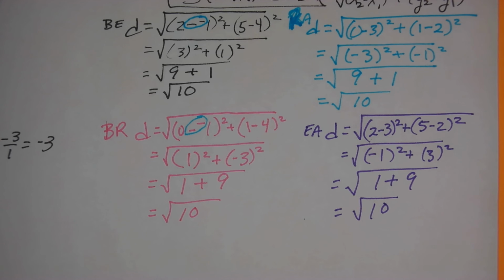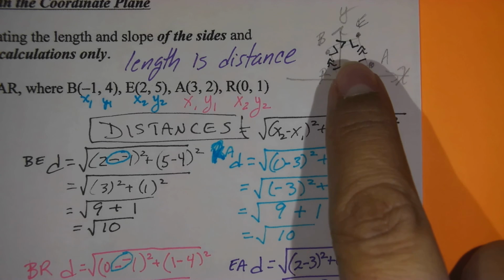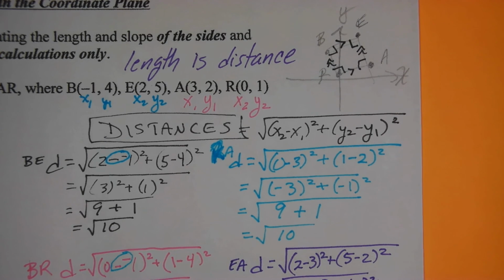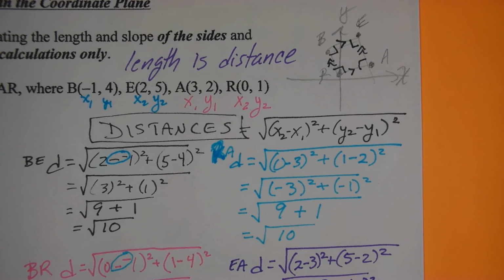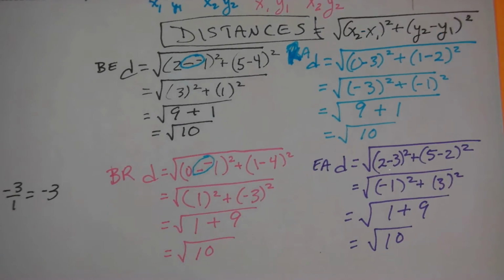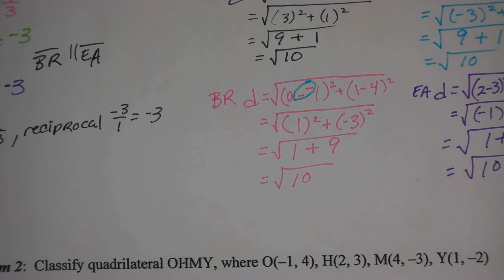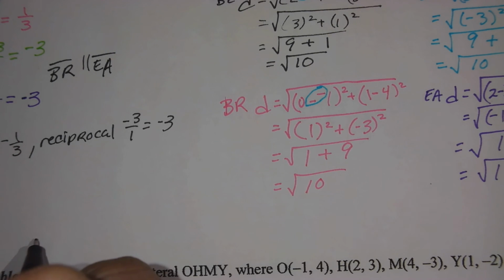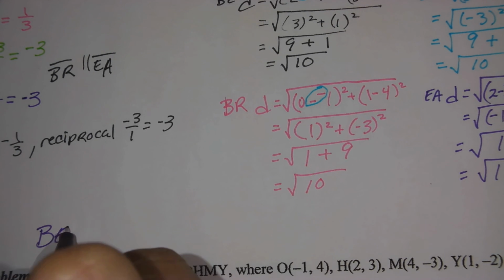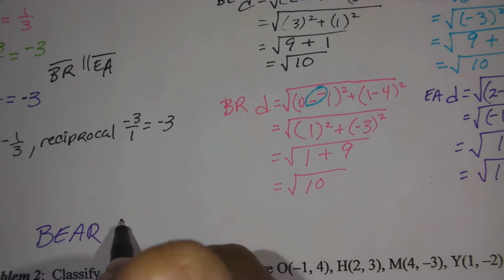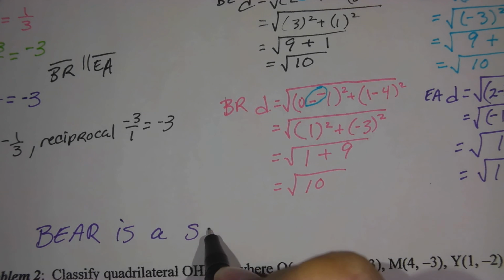So, what shape has 2 sets of parallel sides and 4 congruent sides? You need to remember, we do have right angles. So what shape could that possibly be? Oh my goodness, you're right. B-E-A-R. B-E-A-R is a square.